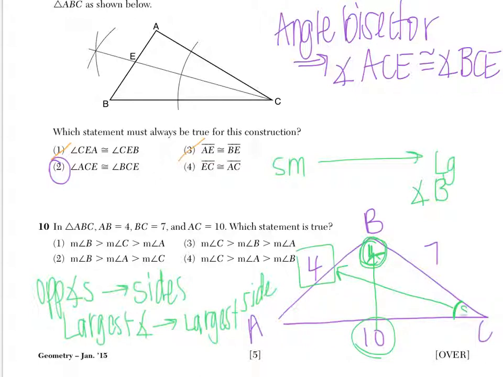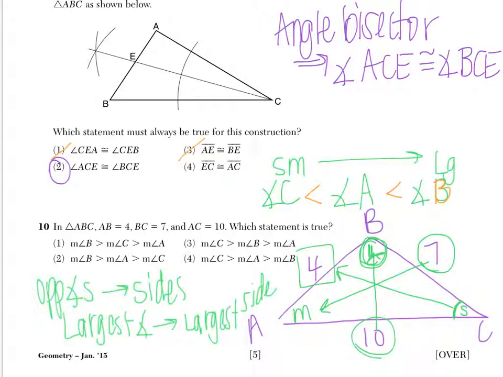So this means that angle C is the smallest angle. 7 is the medium side, which means angle A is the medium-sized angle. Angle A. And now what we need to do here is put in some inequality symbols. Angle C is smaller than angle A, or less than angle A. Angle A is less than angle B, because remember, B was the largest.